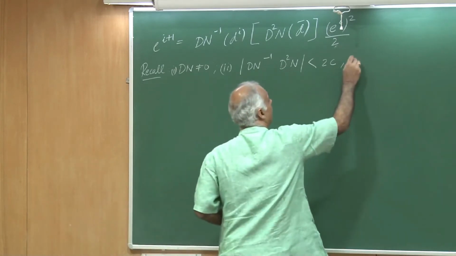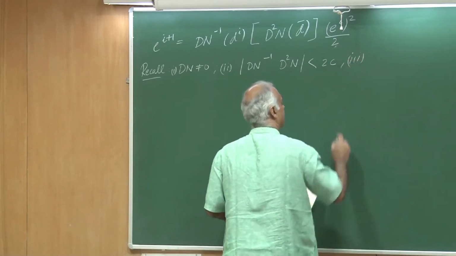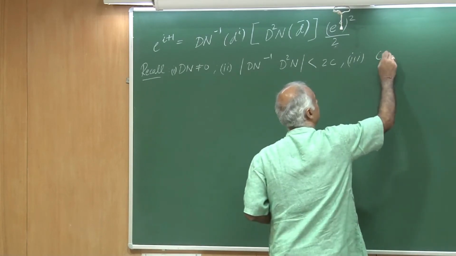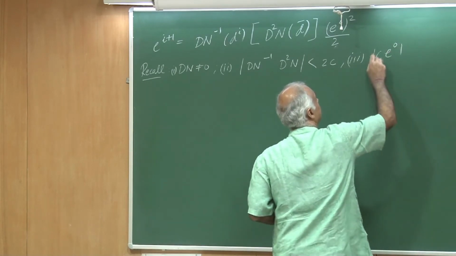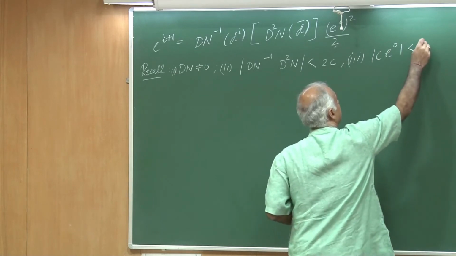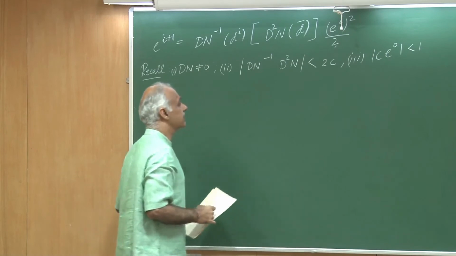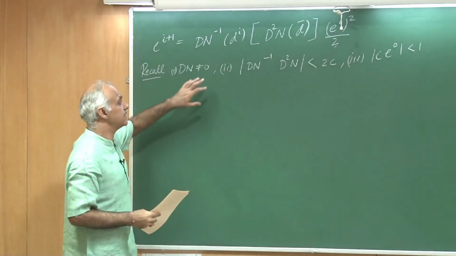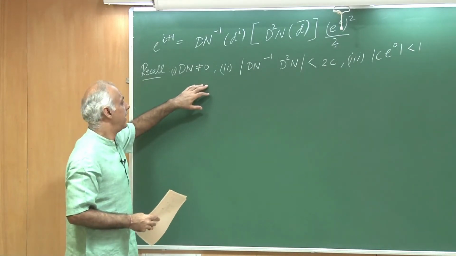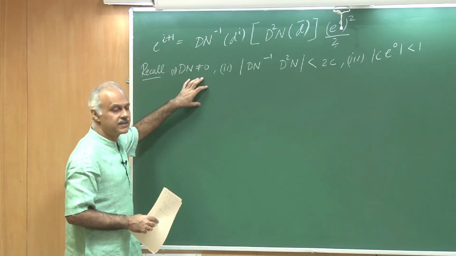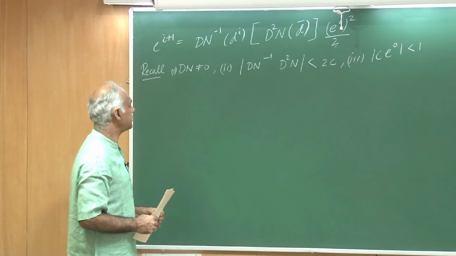And the third one was that the initial guess was sufficiently close, so c e_0 should be less than 1. These are the 3 conditions, and we are supposed to show that given these 3, the Newton-Raphson method is second order accurate.